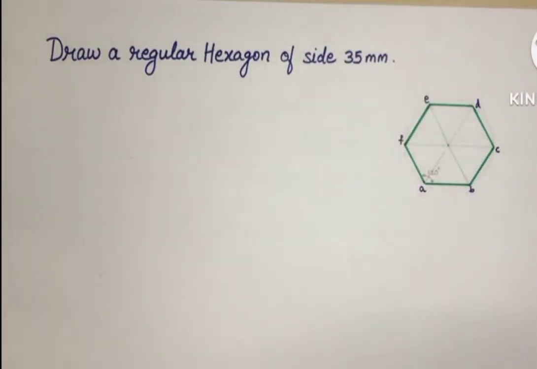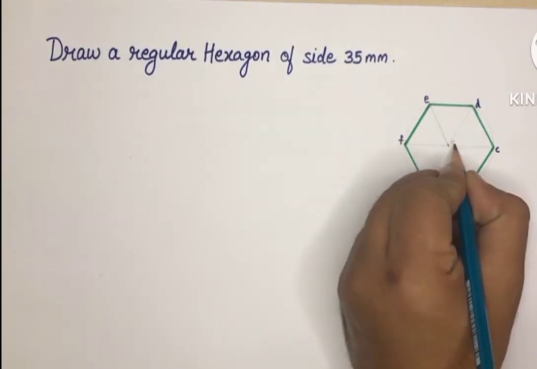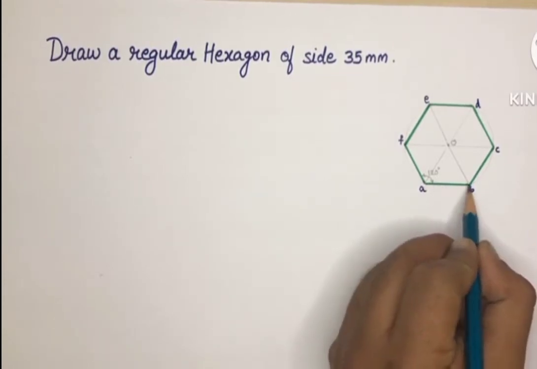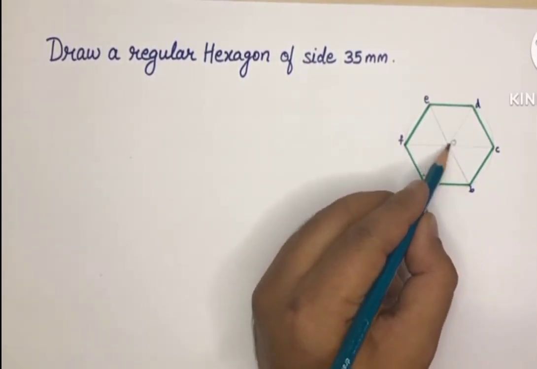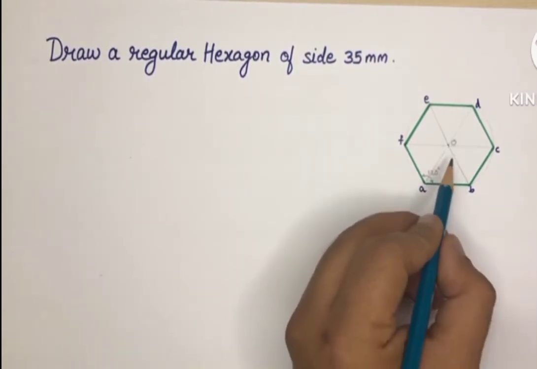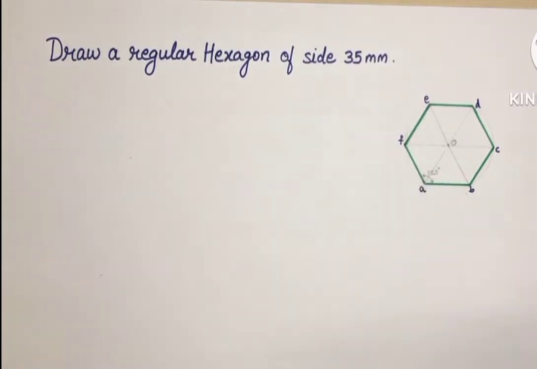So we will draw a hexagon by using a circle method. Mark center O. So here we can see that side AB is equal to BO and it is also equal to AO. So we get number of equilateral triangles.